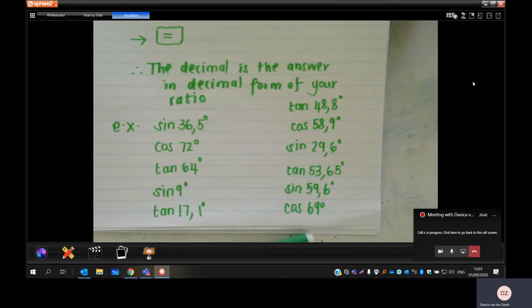Should at least be on the 4th one by now. And I'm going to freeze, so while I start calculating, you can see what I'm writing.